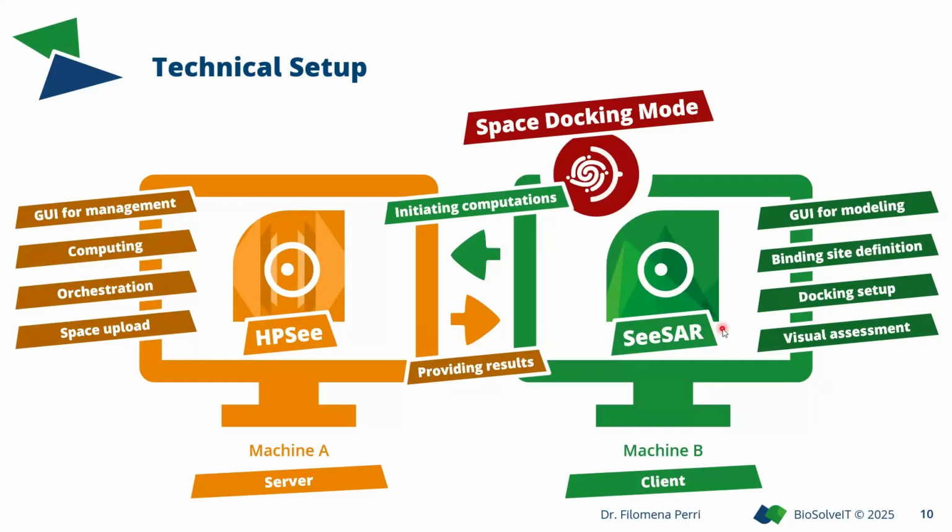Basically, CSAR initiates the computations in HPC, and HPC, on the other hand, provides the processed results. This separation allows the researcher to really focus on the modeling and the decision-making process rather than on the computational heavy work, which is taken by the HPC platform.